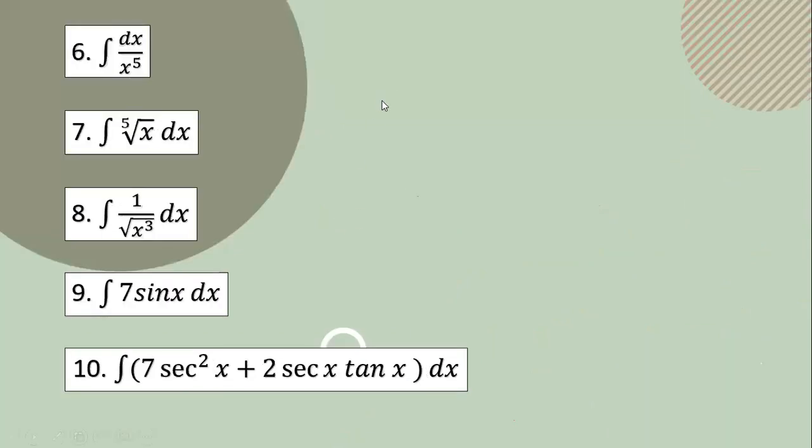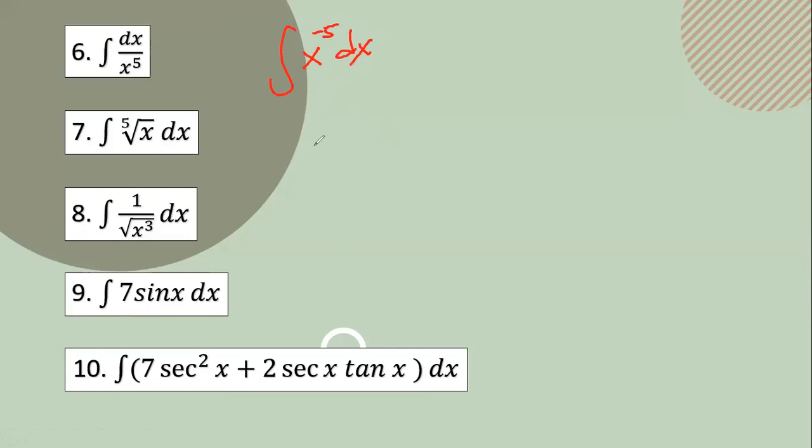Let's move on to number 6. Here we have the integral of dx over x to the fifth. We just have to know how to rewrite our functions. Here we have x to the fifth in the denominator. We can rewrite it as x raised to negative 5 dx.